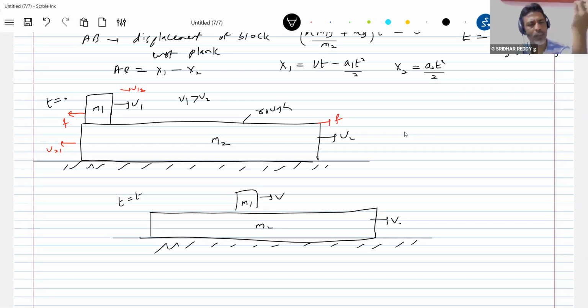It's not that I can only give velocity to the block. No, sir. Like if u1 is less than u2, what conditions will arise? The direction of friction will change. Okay?